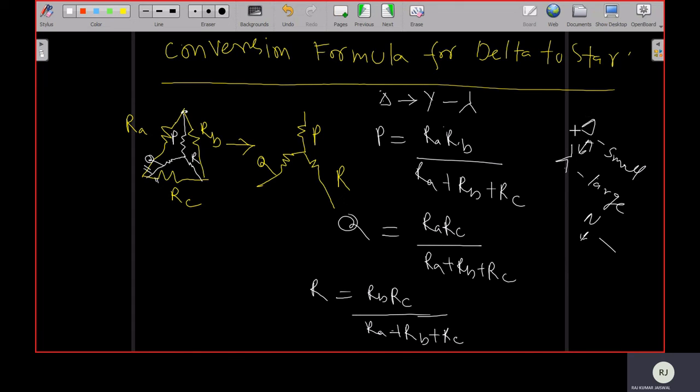If we convert delta into star, we convert from small to large, so the delta numerator will be small. If large is there, the numerator will be large; if small is there, the numerator will be small. Just one trick to remember the formula.